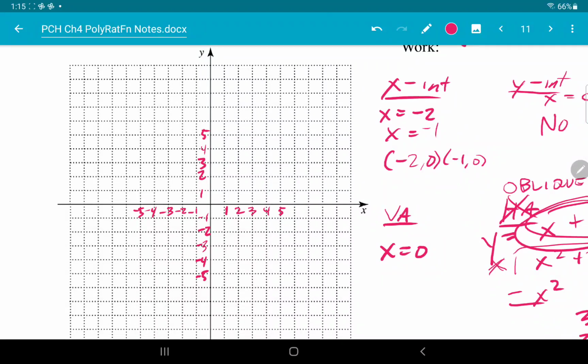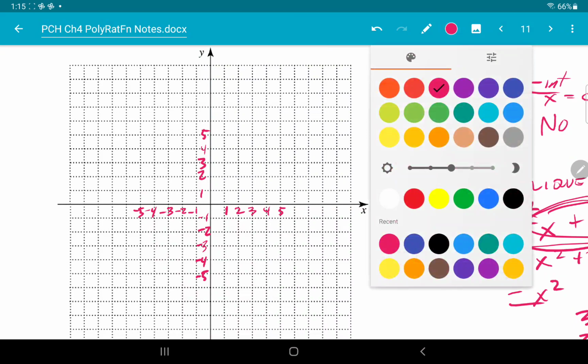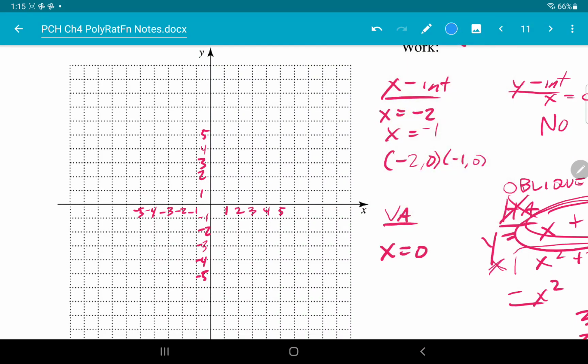We know that the oblique asymptote is y equals x plus 3, and that is a y-intercept of 3 and a slope of 1, so up 1 over 1, basically everything along this point here. We can go ahead and graph this as a dotted line. This is our oblique asymptote, just like that.